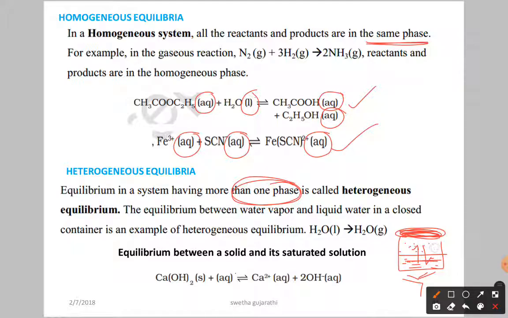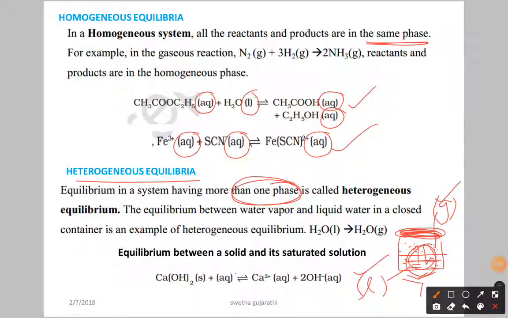This is the vapor phase, which I am writing as the gas phase, and this is the liquid phase. So equilibrium is established. This is the best example of heterogeneous equilibrium, because we have gas and liquid, both different phases.